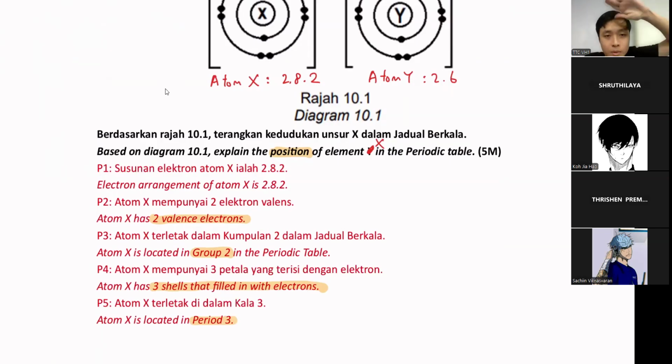Always talk about the period, which is the horizontal row. You talk about the group, which is the vertical column. They ask for the meaning also, so you have to know the meaning of group: vertical column in the periodic table of elements. What is the meaning of period? Period is horizontal row in the periodic table of elements.